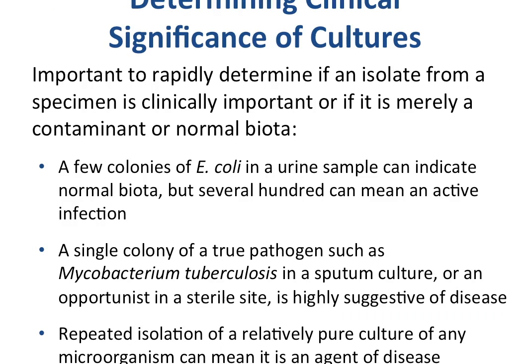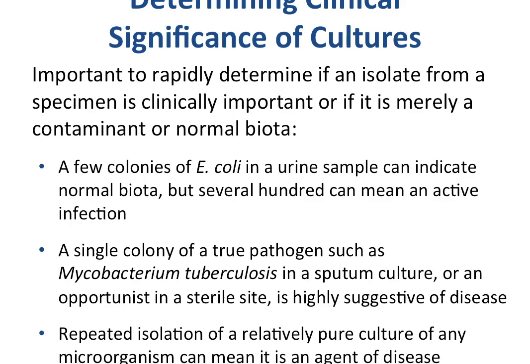Now let's talk about the significance of the culture. For example, for urinary tract infections, if the urinary sample contains a few colonies of E. coli, that could be normal.